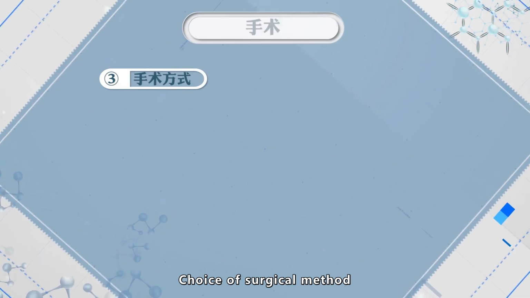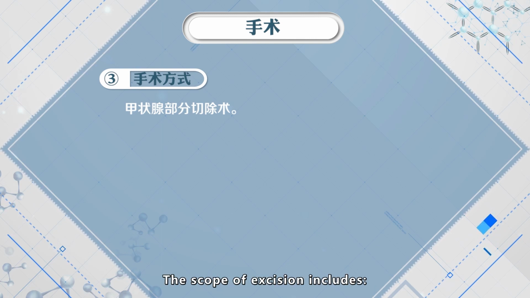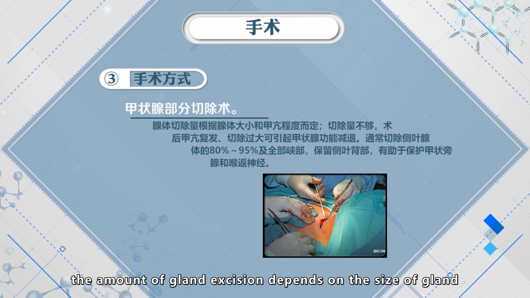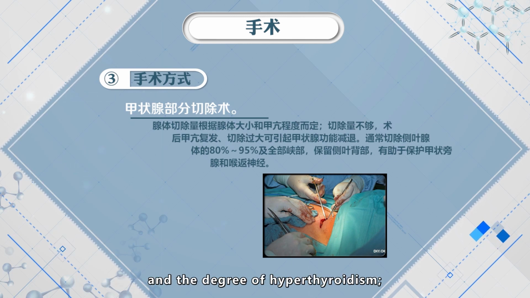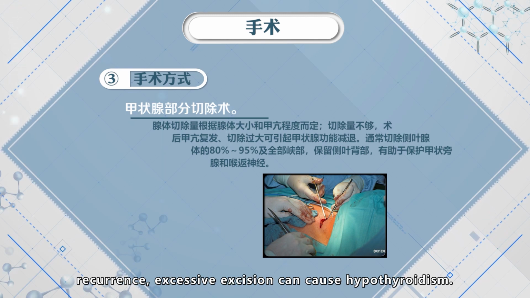Choice of surgical method: it is mostly subtotal thyroidectomy. The scope of excision: the amount of gland excised depends on the size of the gland and the degree of hyperthyroidism. Insufficient excision can cause postoperative hyperthyroidism recurrence, while excessive excision can cause hypothyroidism.